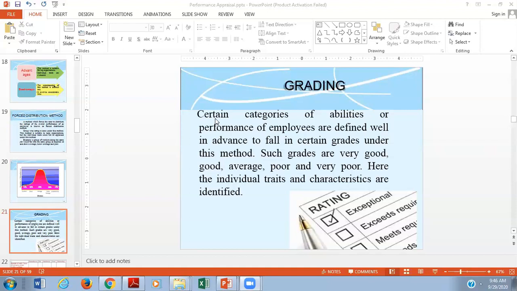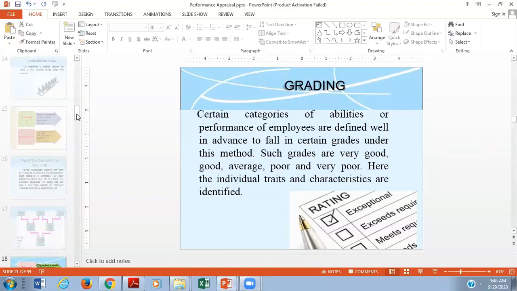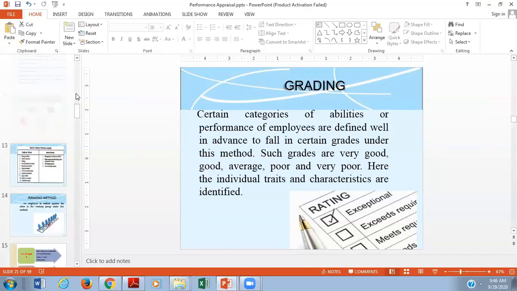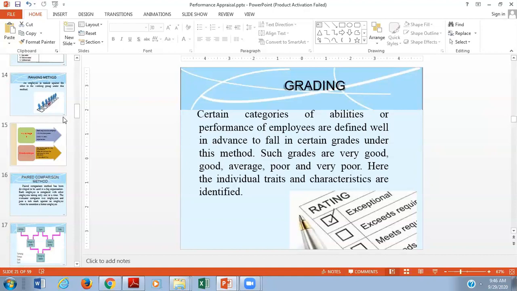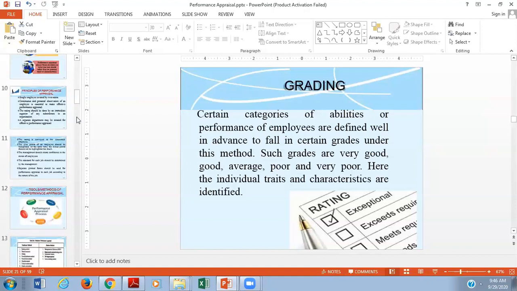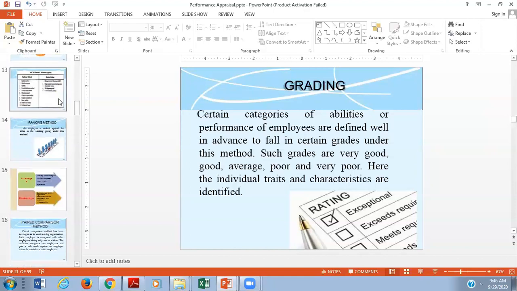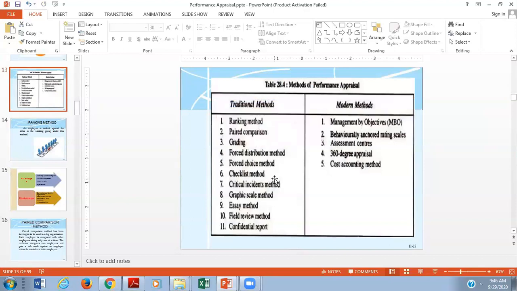Day before yesterday, we discussed our methods of performance appraisal. Under that, we discussed the various names and some methods also. This was the list of methods of performance appraisal, right?